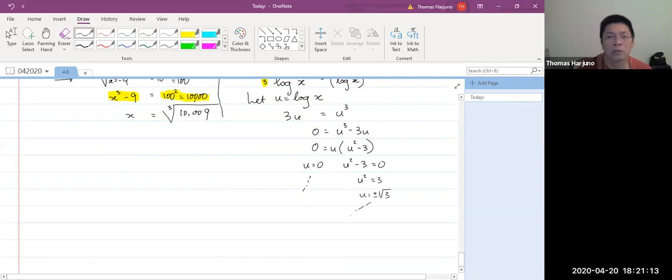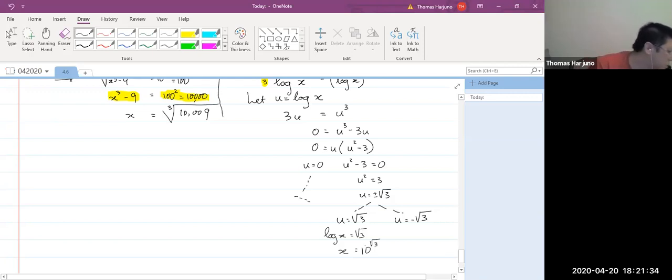So u equals radical 3, u equals negative radical 3, and then you bring it back. Log x equals radical 3, so x equals 10 to the radical 3. And the other one gives x equals 10 to the negative radical 3.